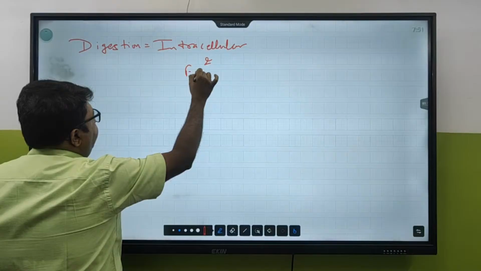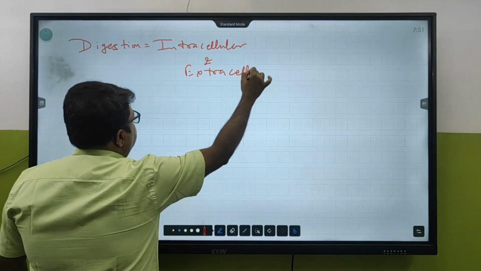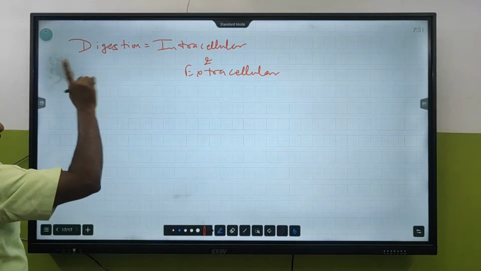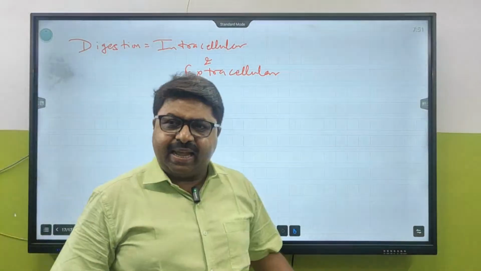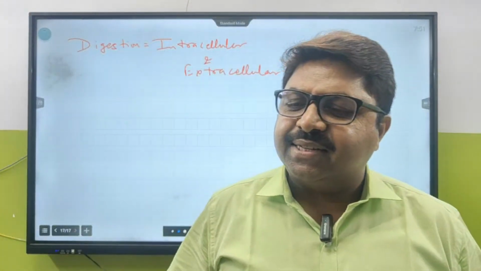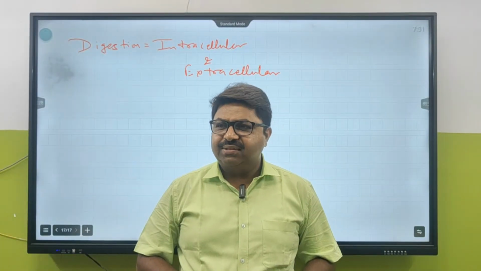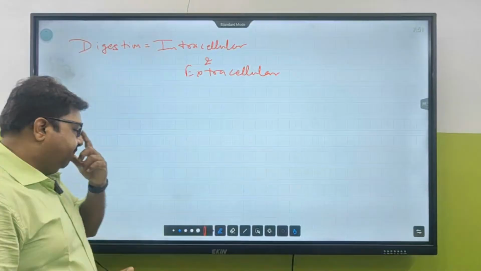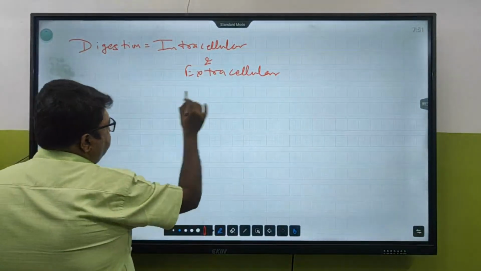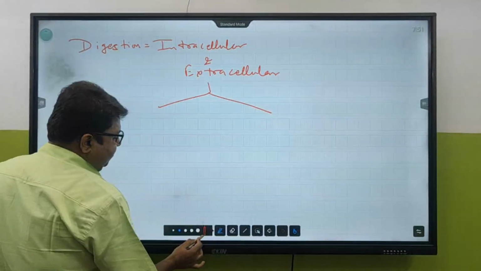What about Cnidarians? They have got the same, intracellular and extracellular. What about phylum Porifera? Only intracellular.